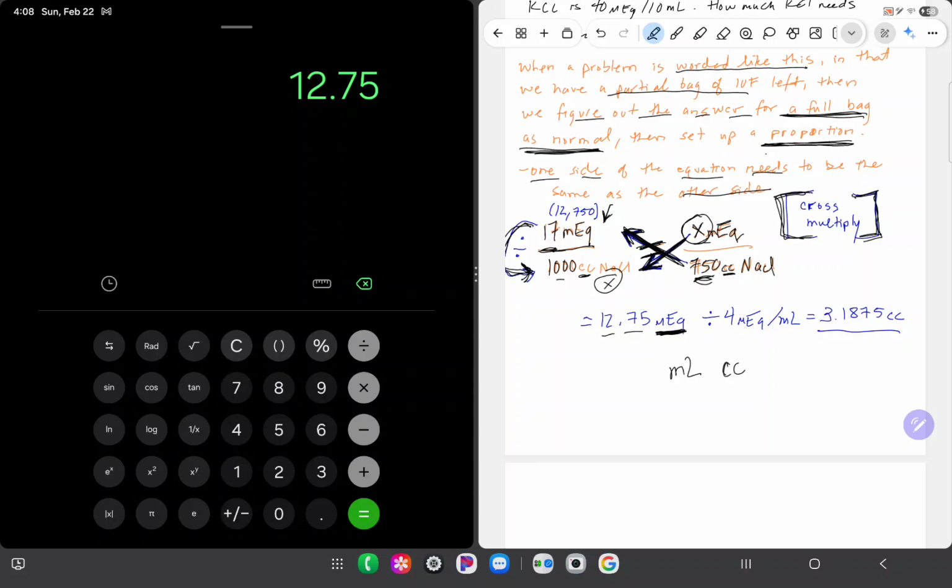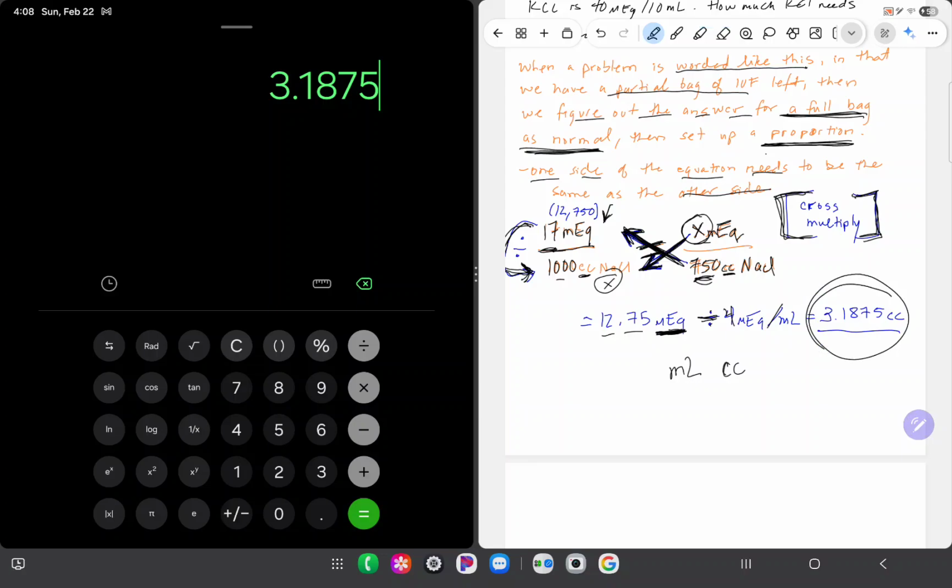So that means we just go back to the algebra that we've had. If I know it's 12.75 milliequivalents, I can divide that by concentration. 4 milliequivalents per mil, divided by 4 would get us 3.1875 cc's.